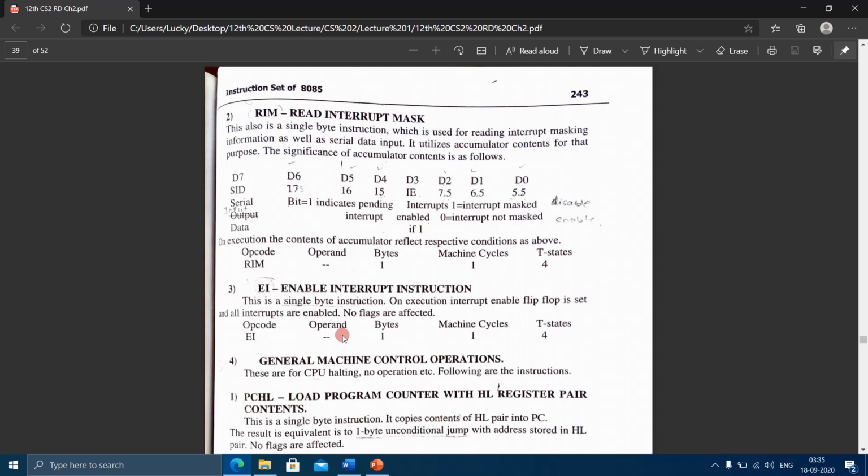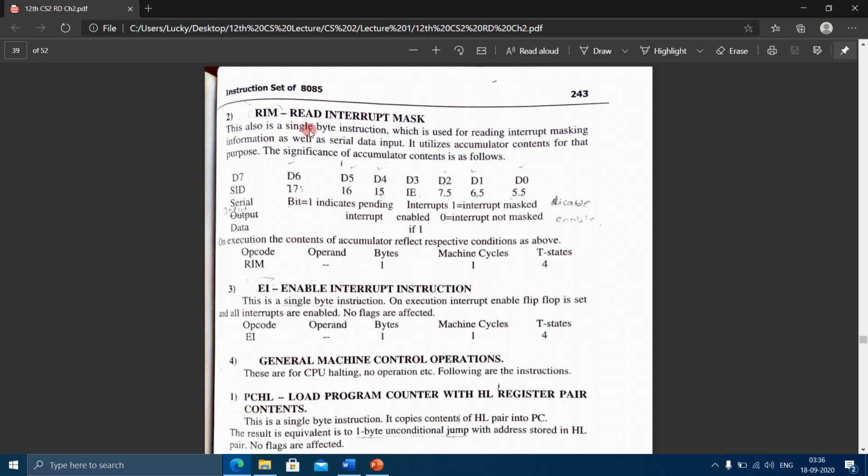Also, the RIM instruction is used to read the data bit by bit using the SID pin, the serial input data pin of the 8085 microprocessor. So the RIM instruction is used to read and only read. The SIM instruction is used to set the interrupts 7.5, 6.5 and 5.5. Read interrupt mask is only used to read the interrupts and also read the data bit by bit.